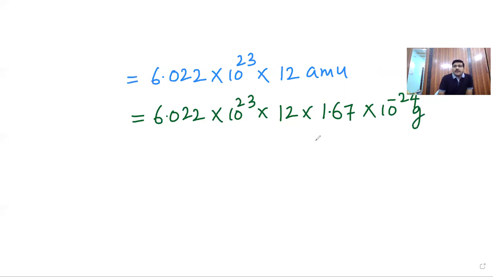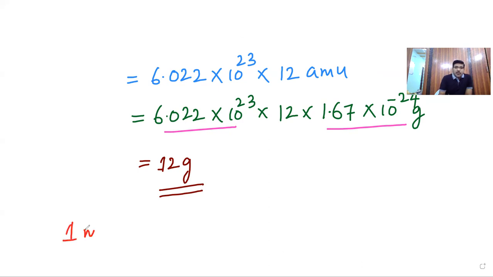Now observe this quantity: if we multiply, it becomes 1. Then the final answer becomes 12 grams.